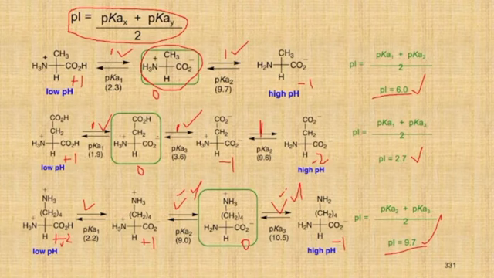It's not the same for every amino acid because the R groups of all amino acids are not the same. There are some R groups that cannot dissociate, while there are others that can dissociate. So that's what makes the difference. So you should take note of that.